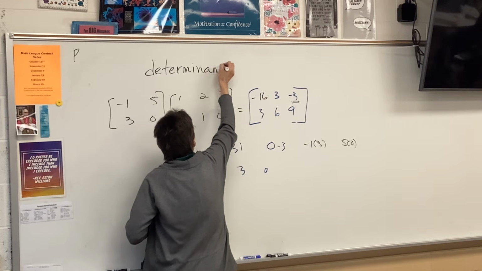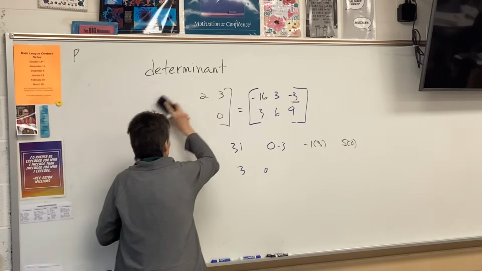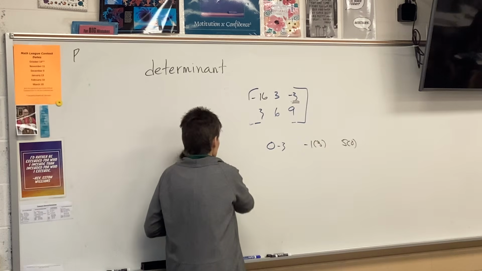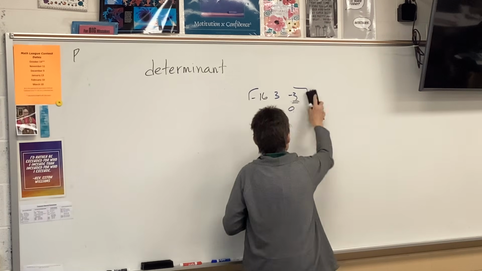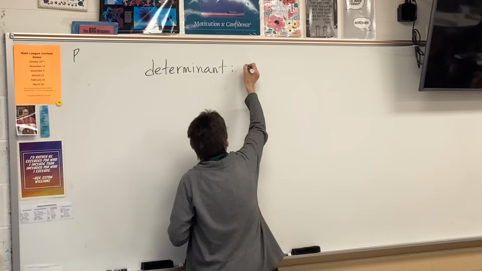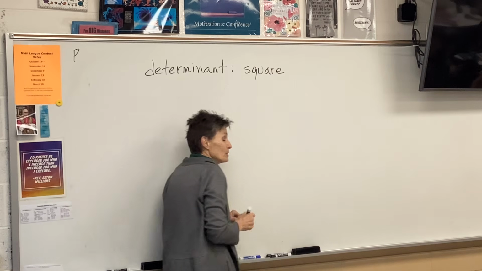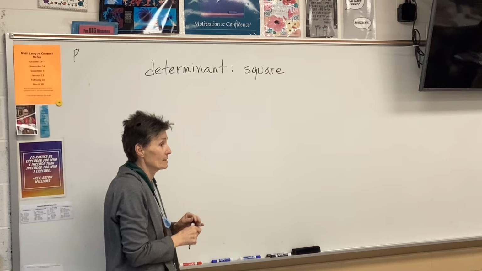The determinant is simply a number that is associated with every square matrix. The matrix must be square. You can't do a determinant unless the matrix is square.